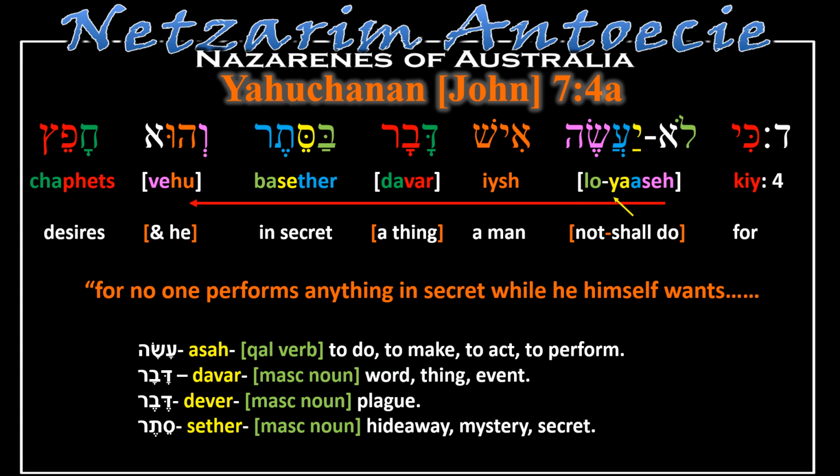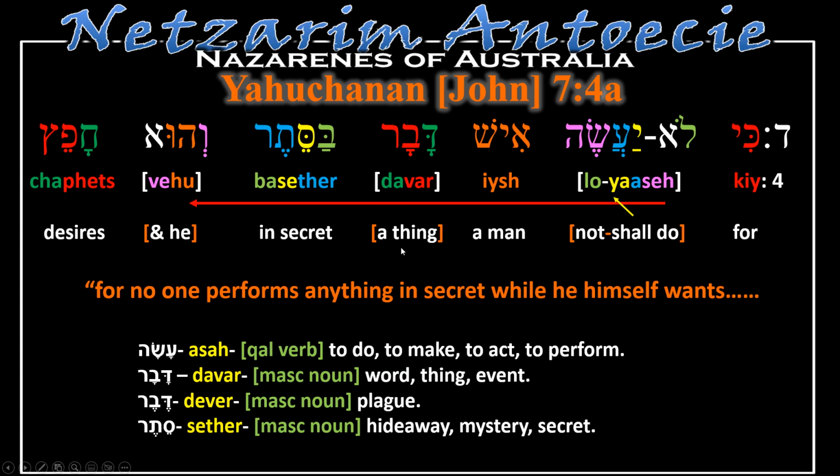So let's read it now. Ki, for; lo, not; ya'aseh, not shall do, or he shall do; ish, a man; davar, meaning a thing. Now we remembered that davar can also mean word. If we looked at it, it means word, thing, or event.